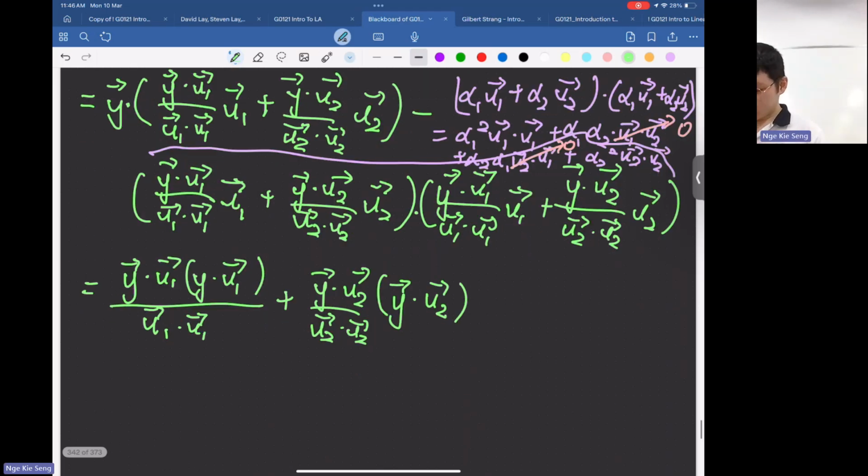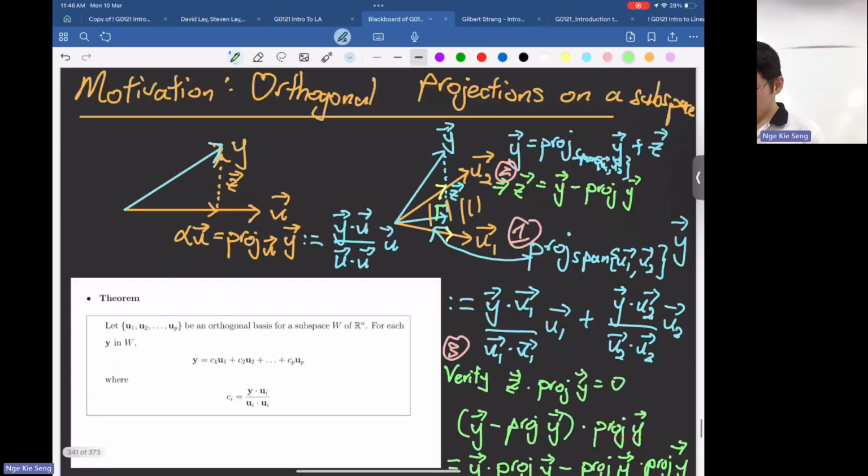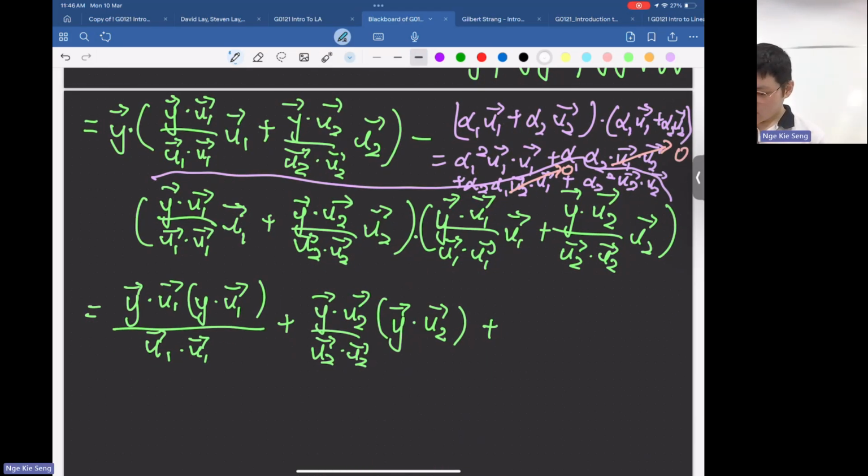We were left with, let's suppose a new thing here. Suppose u1 dot u2 is 0. Then we can make this calculation easy. So what happened to this calculation here?